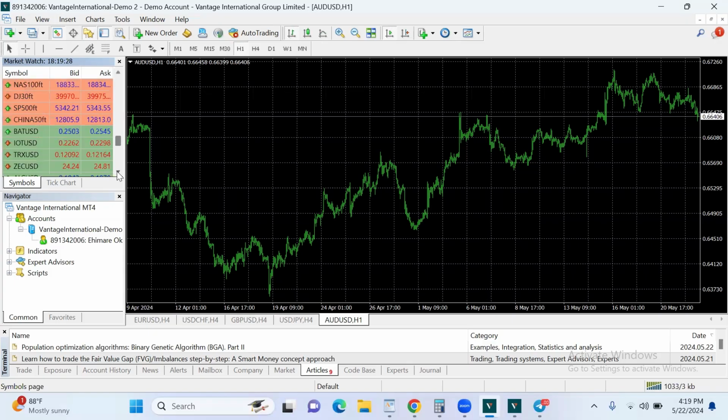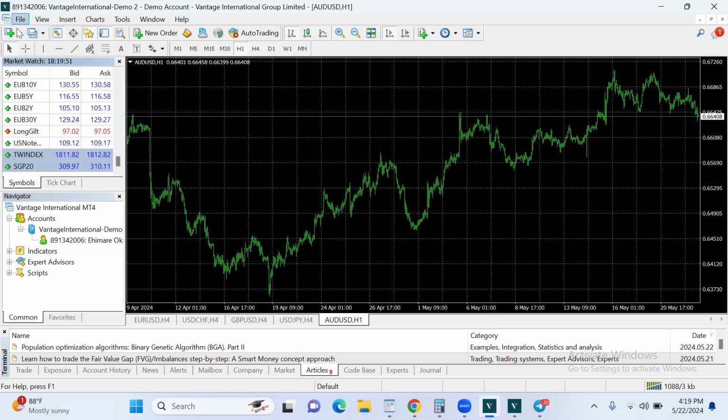So there are so many different instruments. Doesn't mean you have to trade everything. It just means that this is the way you make them visible. You can trade wheat. You're able to see through the number of instruments on our platform here. So this is how we do it. You show all, and once you show all, everything is displayed. All right, so that's for that.